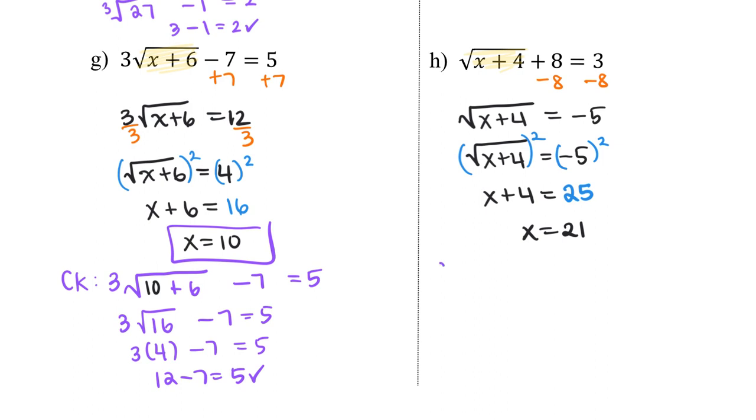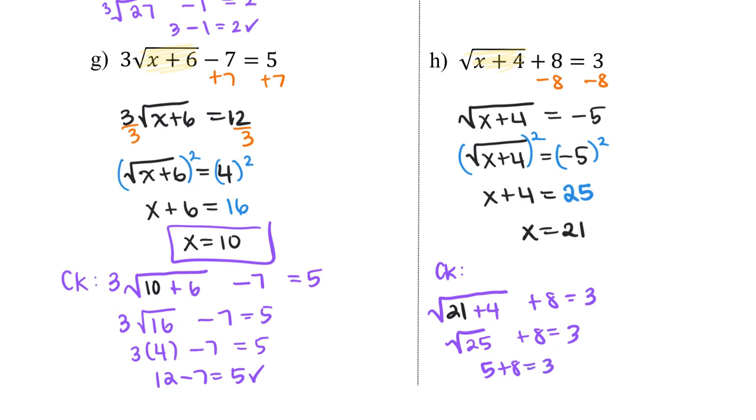Okay, let's plug it in and check. So 21 plus 4, square root, plus 8 equals 3. So the square root of 25 plus 8 is 3. Hold on. So 5 plus 8 is 3?